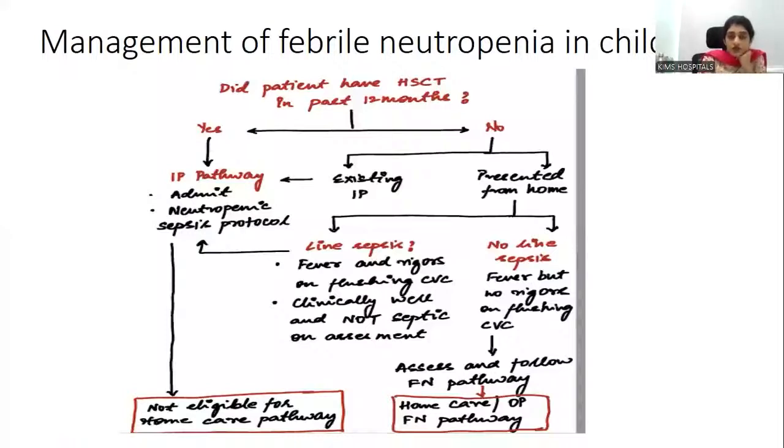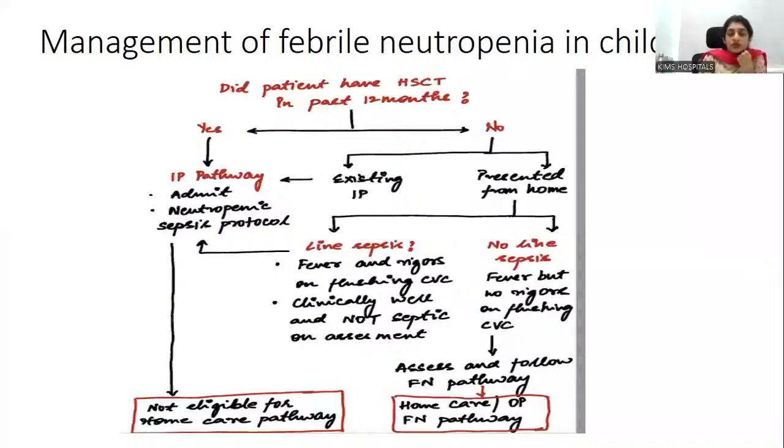If the patient has not received HSCT, and the patient is already an existing inpatient, then you follow the inpatient pathway. And if they've presented from home, you need to see if there is an indwelling line or no line. So if there is line sepsis, that is fever and rigors. How do you confirm that? Fever and rigors on flushing the central venous line. Clinically well and not septic on assessment.